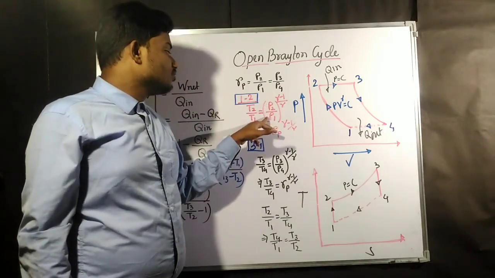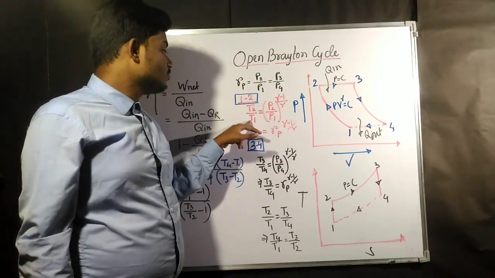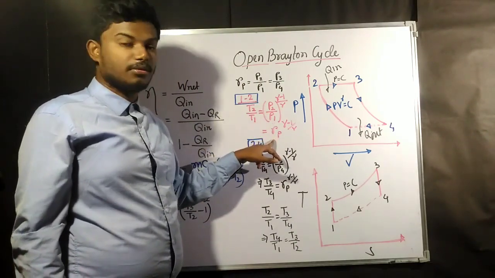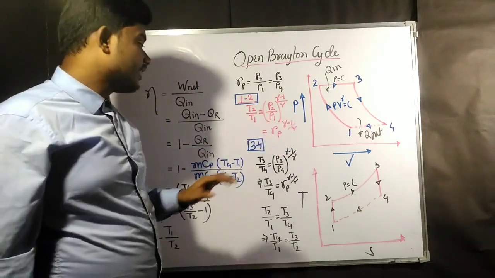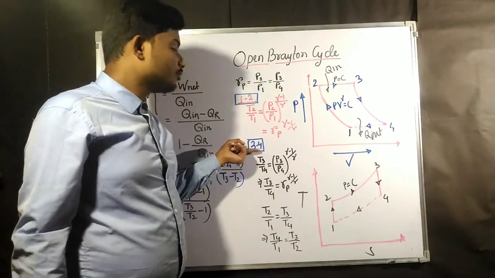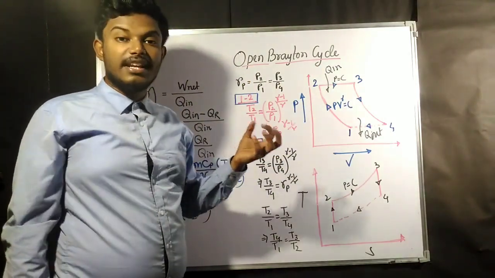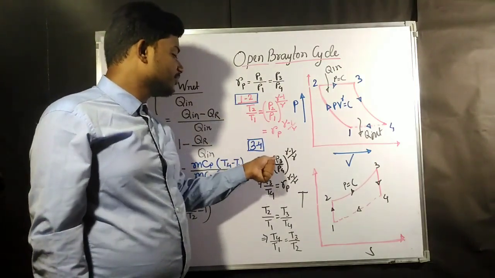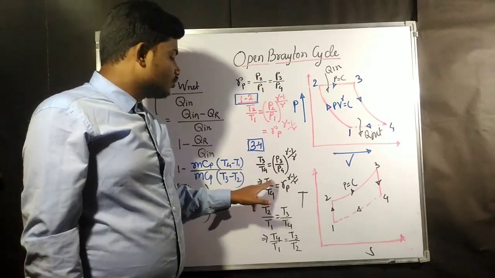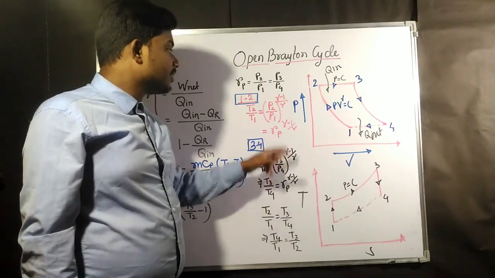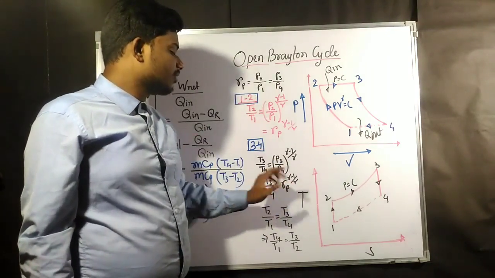P2 by P1 is nothing but the pressure ratio, so T2 by T1 equals the pressure ratio to the power gamma minus 1 by gamma. Similarly, process 3 to 4 is also adiabatic, so a similar relation comes: T3 by T4 equals P3 by P4 to the power gamma minus 1 by gamma, which is again the pressure ratio to the power gamma minus 1 by gamma.